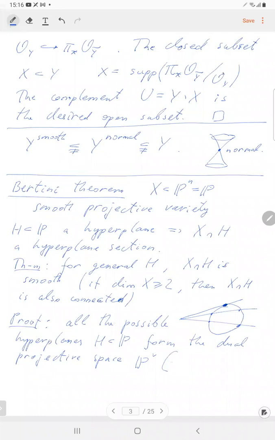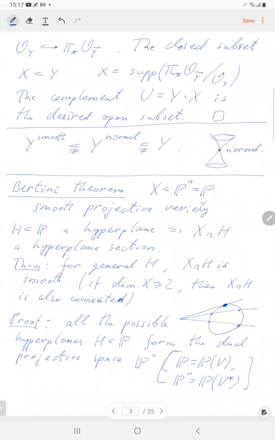So if our projective space was the projectivization of some vector space, then the dual projective space is the projectivization of the dual vector space. Okay.